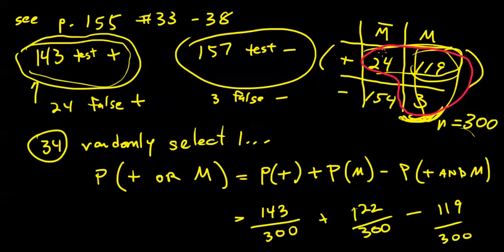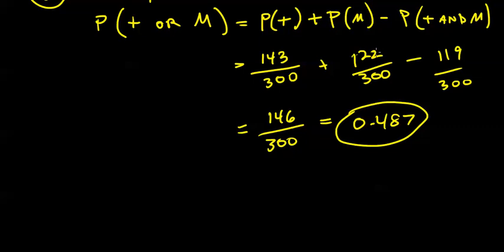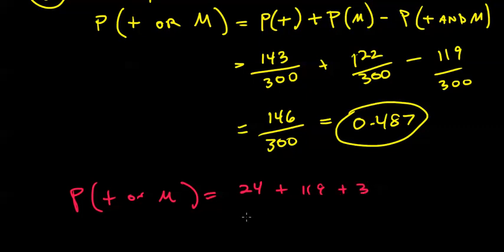So let me work it out again a little more informally. Probability of positive or marijuana, it's going to be 24 plus 119 plus 3 divided by 300, and hang on a minute.